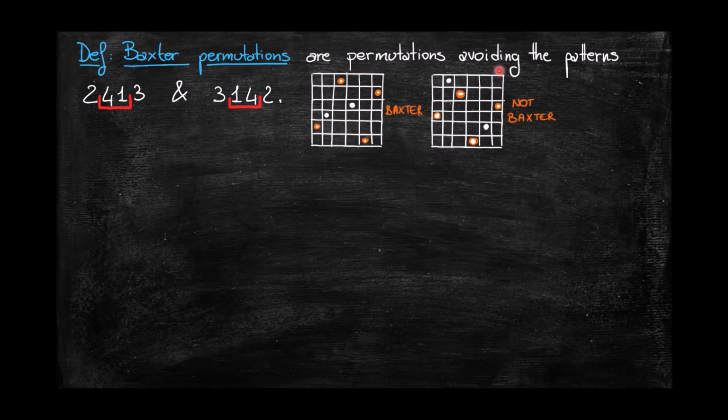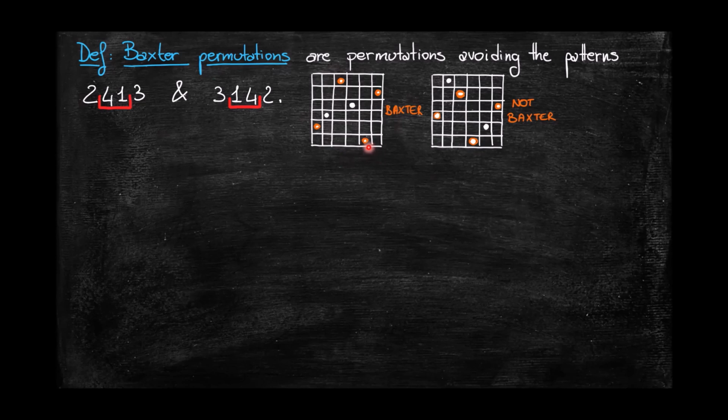For instance, this on the right-hand side is not a Baxter permutation because the 4 orange highlighted points are in the same relative position of 2, 4, 1, 3, and moreover 4 and 1 are consecutive. Here, on the left-hand side, we have a Baxter permutation. Indeed, despite we can find 4 points in the same relative position of 2, 4, 1, 3, we cannot do that in such a way that 4 and 1 are consecutive.